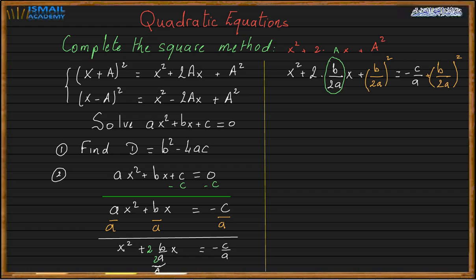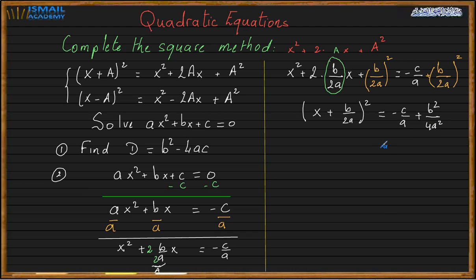So it is going to be (x plus A) squared, and this will be equal to minus c over a plus b squared over 4a squared.